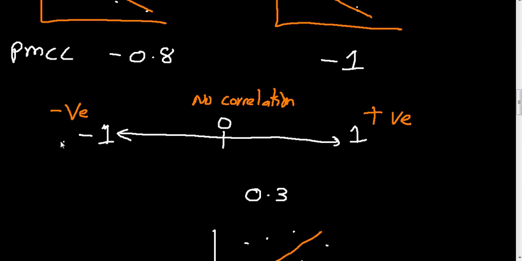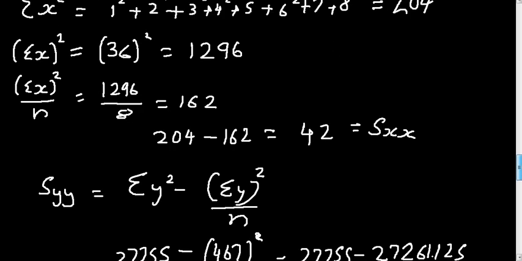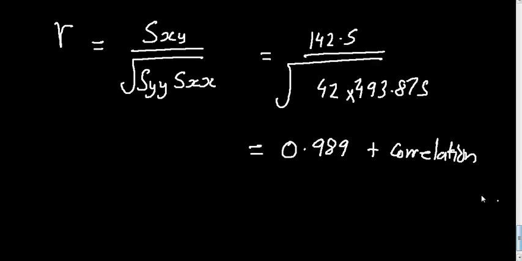If it's -1, it's a perfect negative correlation. If it's 0, there is no correlation at all. For this set of values for x and y, the PMCC that we've got is 0.989, which is a very, very good positive correlation.